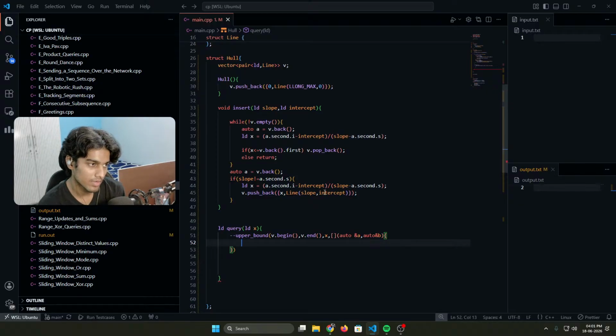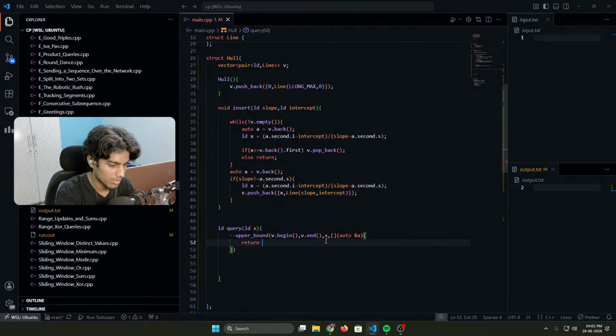Basically dot first value. How does the constructor of upper bound look like? I'm not sure about that. We just care about a dot first.